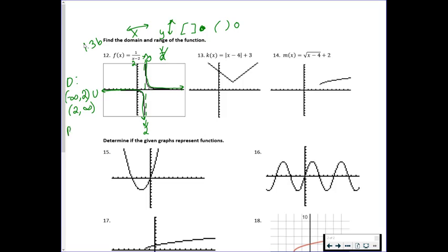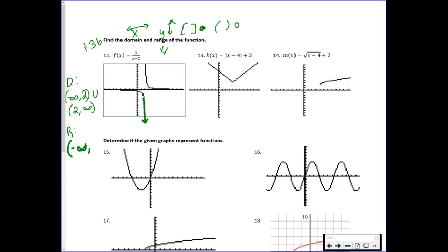Let's go do the range. Range, we look from bottom to top based on the y values. So I'm going to erase this so we can see our picture a little better. My y values. So I go from the bottom. It goes all the way down, so it goes from -infinity.